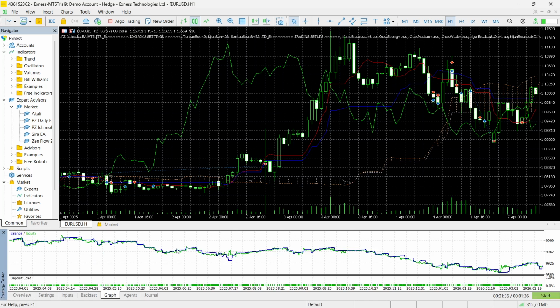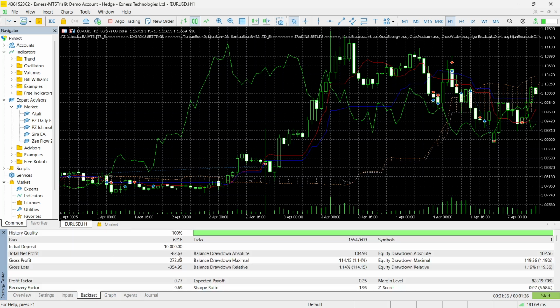curve, it's a long, slow grind with a lot of chop. You see periods where it stays flat or drifts down, with some small recoveries toward the end. Overall, it ended with a small net loss of about $82, as you can see in our backtest reports.